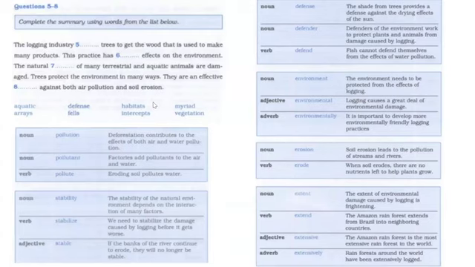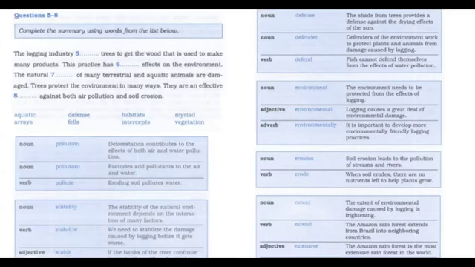All right, and the last one. Trees protect the environment in many ways. They are an effective something against both air pollution and soil erosion.